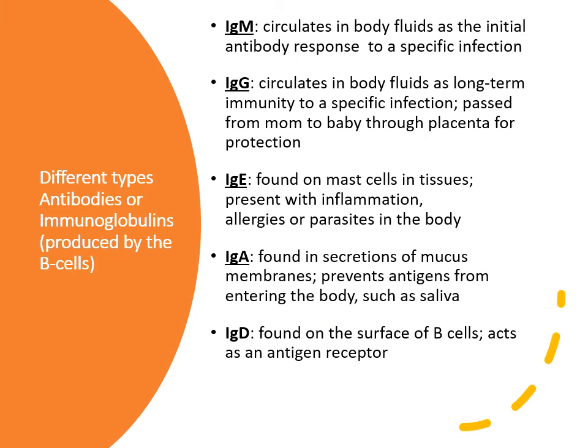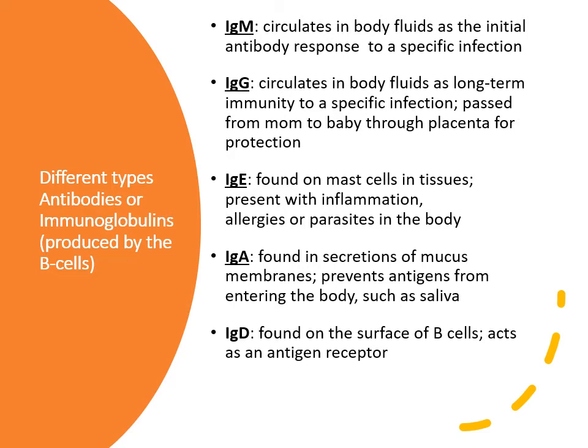Okay, so let's talk about some different antibodies that can be made by B cells. And each one has a slightly different function, but they're all antibodies that are proteins.